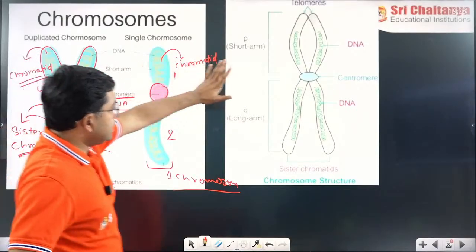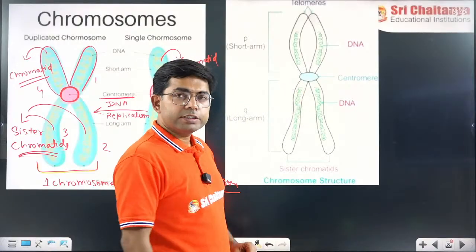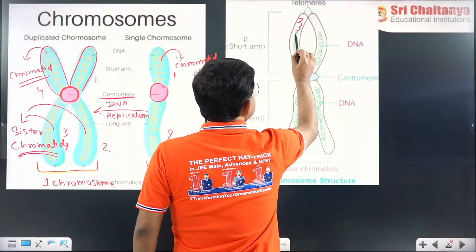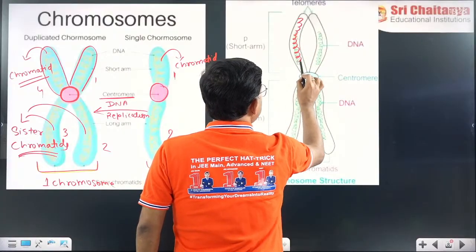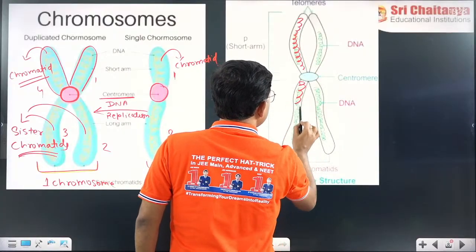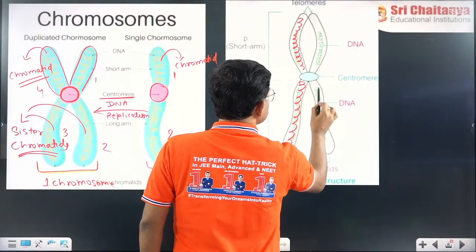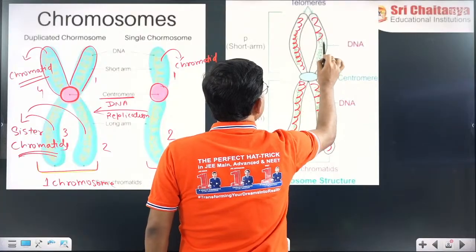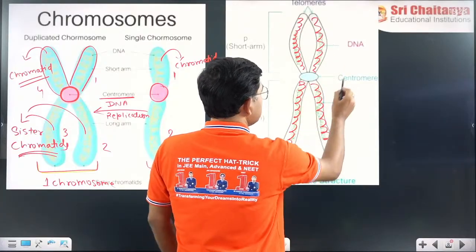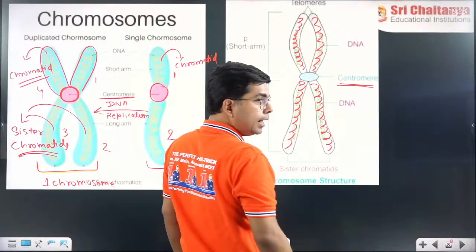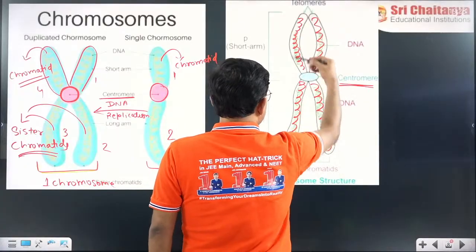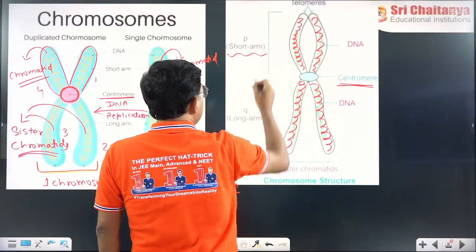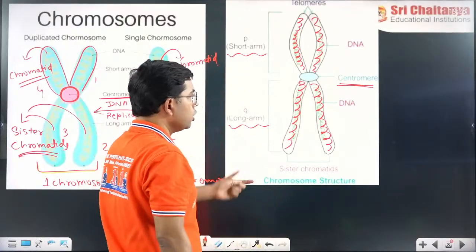So now let's see this structure. Here you can see this is representing the DNA. The DNA coiled and it ultimately formed the chromosome. It is showing that coiling of DNA forms the chromosome. Fine. This is the centromere, right? Then these are the arms of the chromosome. See, there is a short arm, there is a long arm.